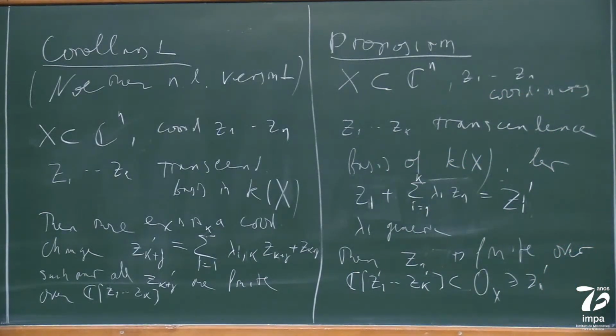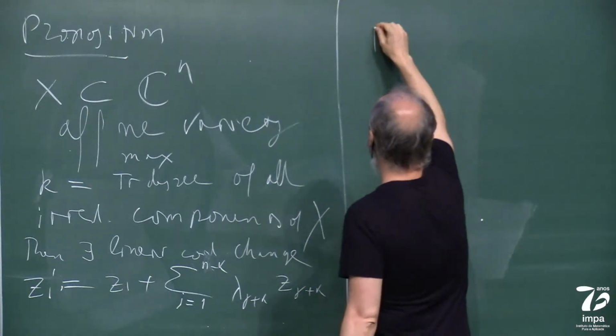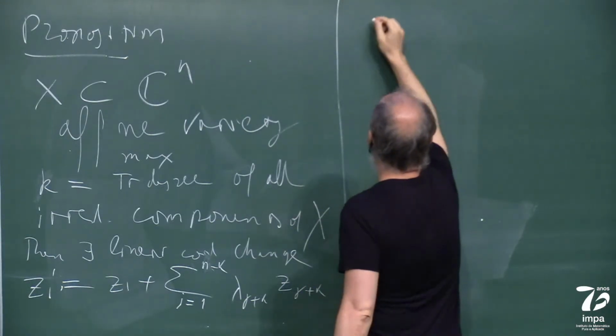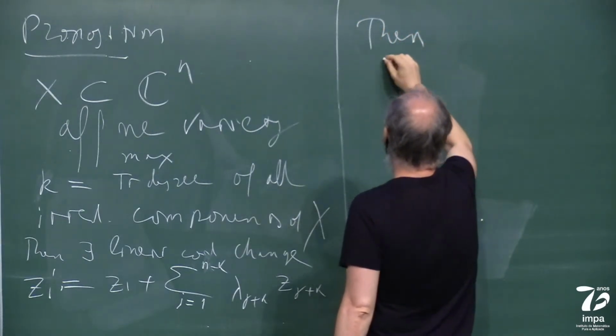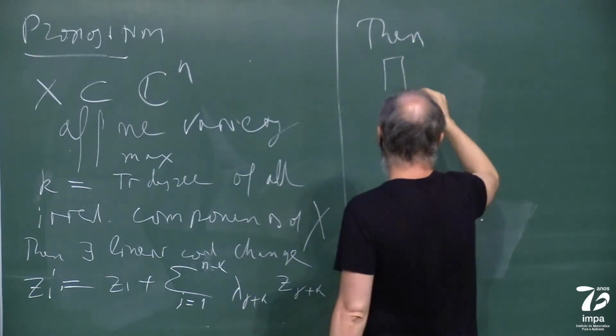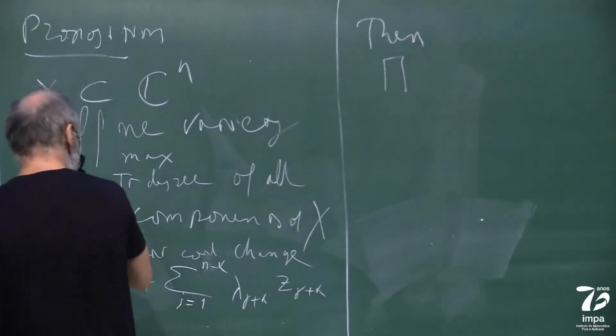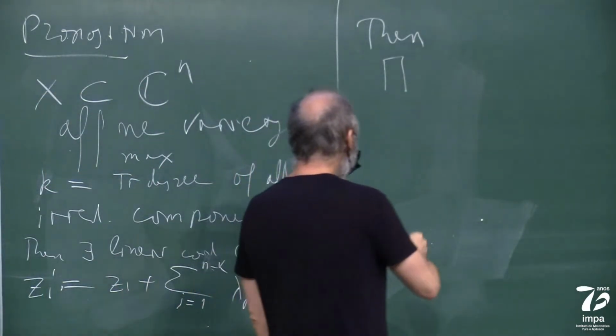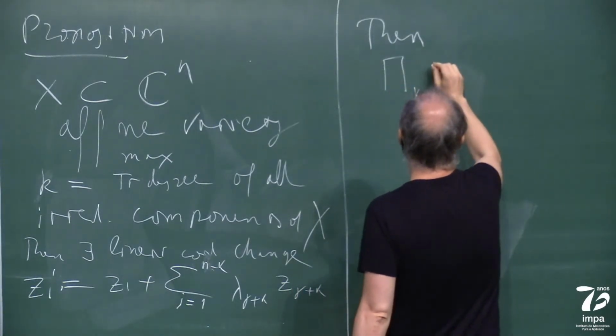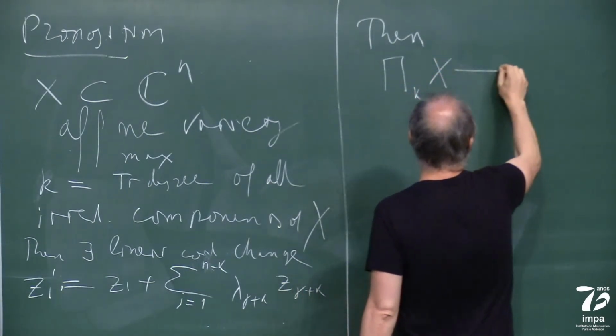Okay, now we define the projection p to the first k coordinates from X to C^k.